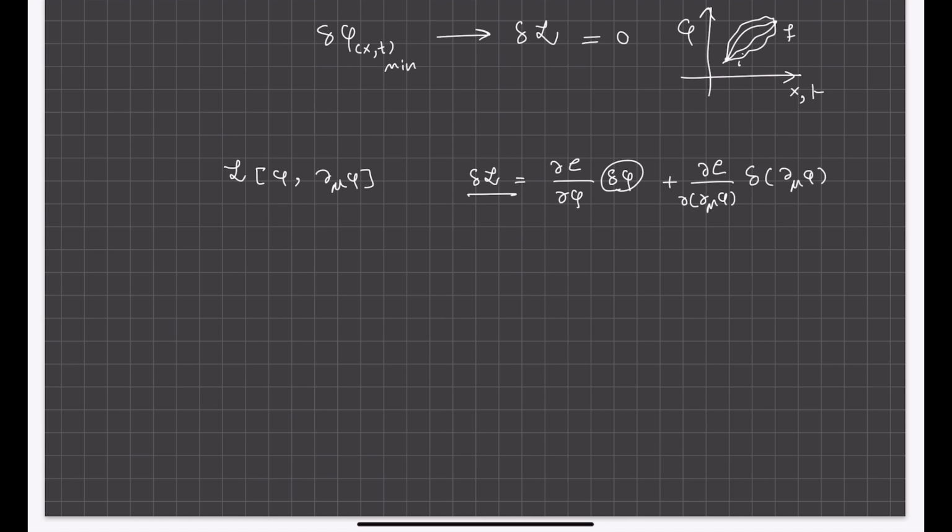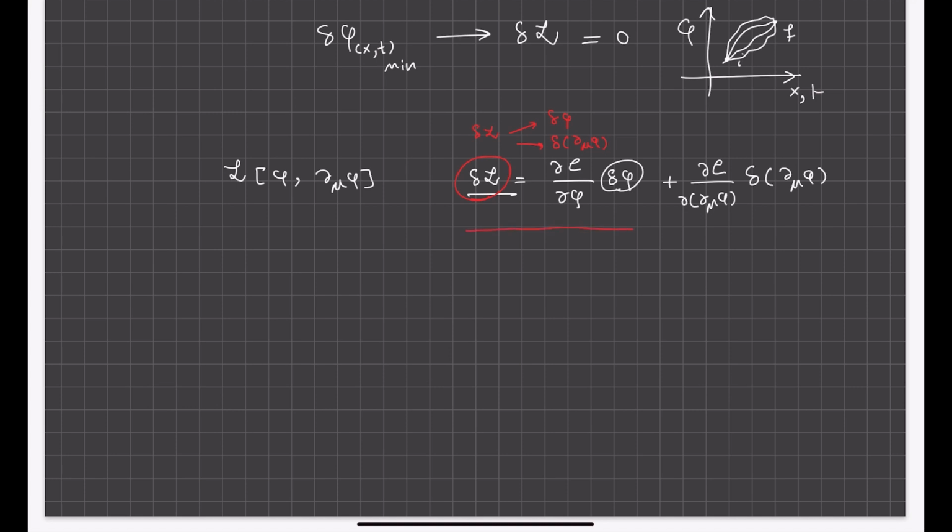So I'm trying to write down the delta operation of L, the Lagrangian, as delta phi and delta of the derivative of phi. And these two are different. We're going to see these are, again, independent. We have to treat them independently. And then we have something like that.